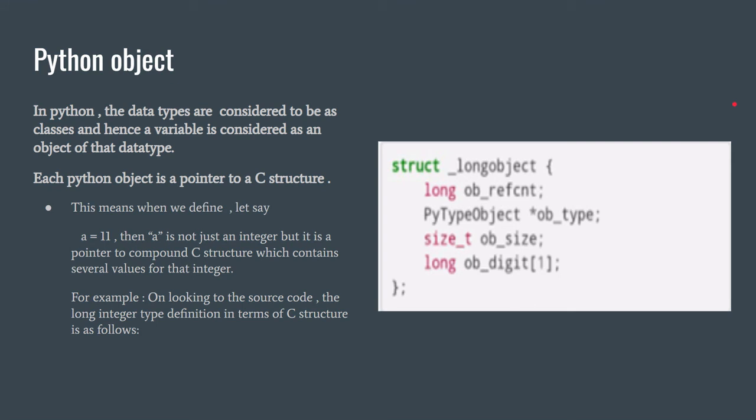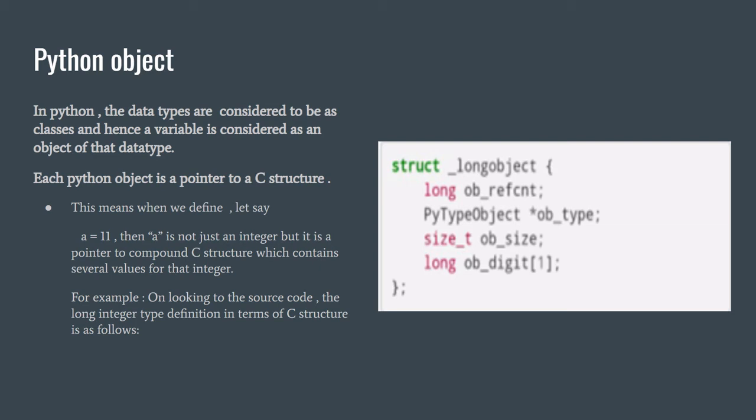In terms of variables, each Python object is a pointer to a tree structure, where the tree structure contains information about the Python object. Let me make it clear. When you declare a variable in Python and you assign a value to it, it does not only mean that you have created a variable and assigned a value to it.